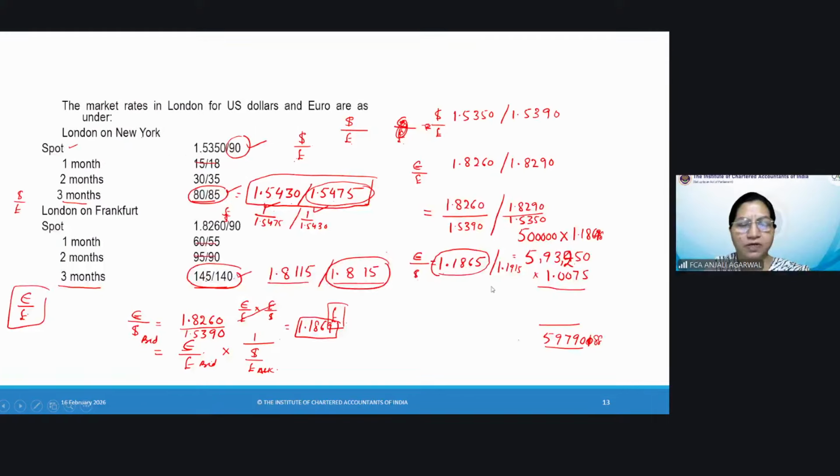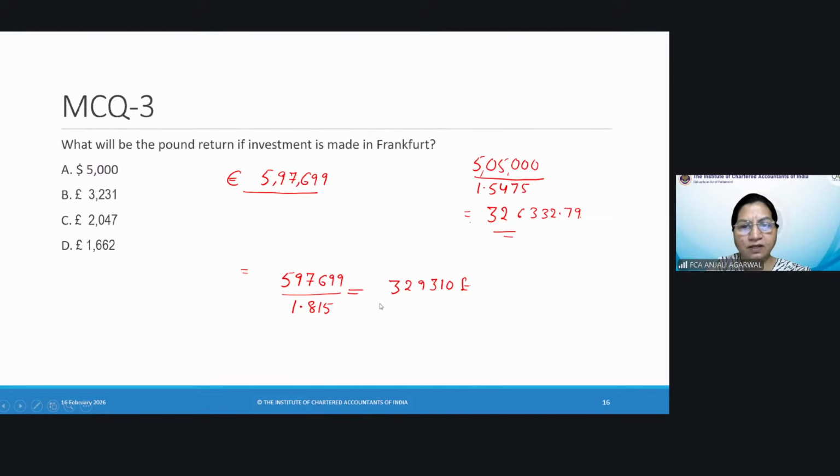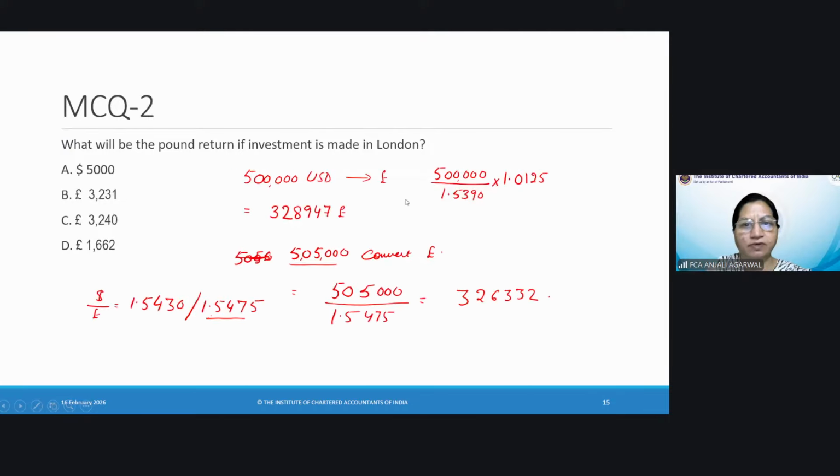And there is one important point that I wanted to bring to your notice here. The rate that was applicable was 1.815, which we were using when we were converting into Frankfurt, right? Now this gives you 597,699 divided by 1.815, 329,310. And the dollar outflow was 505,000, 1.5475.